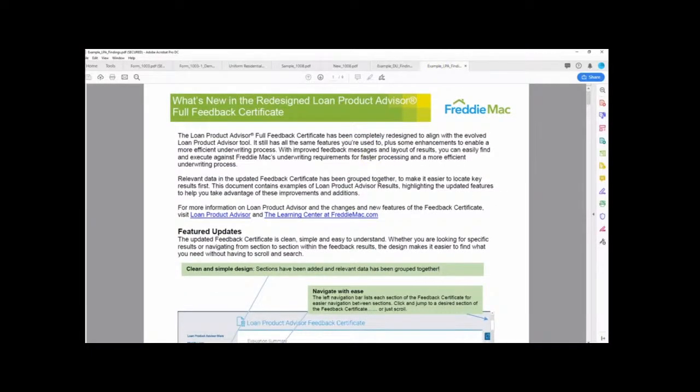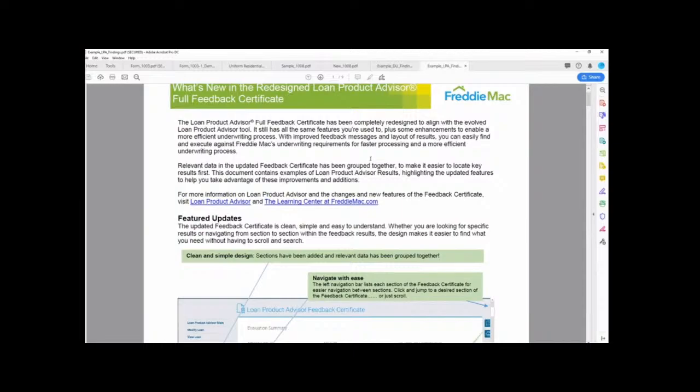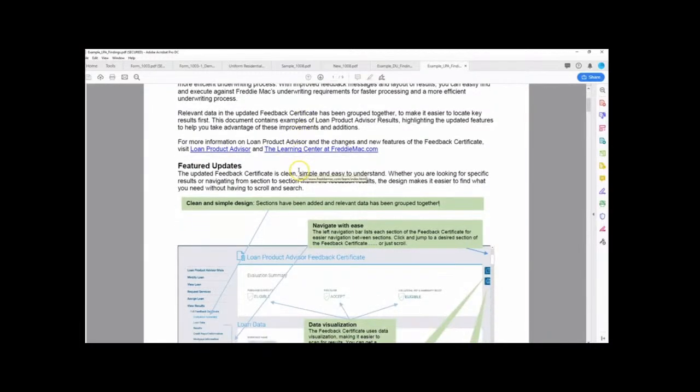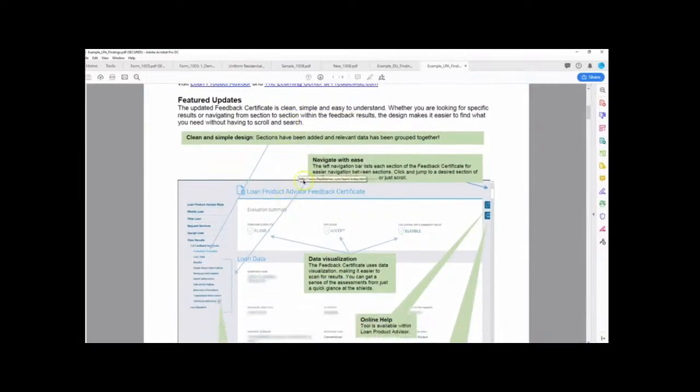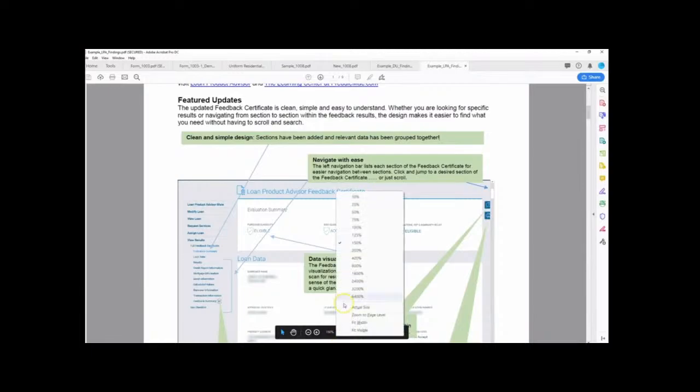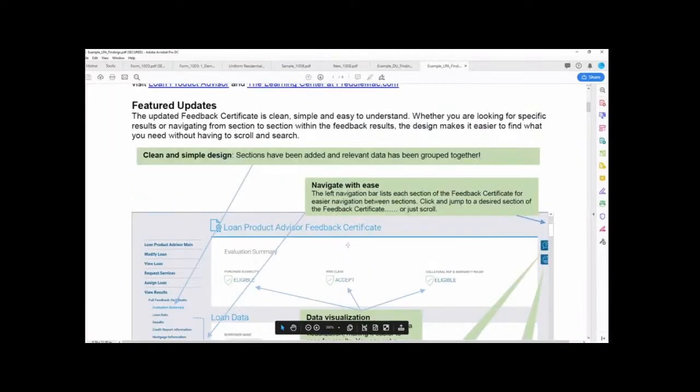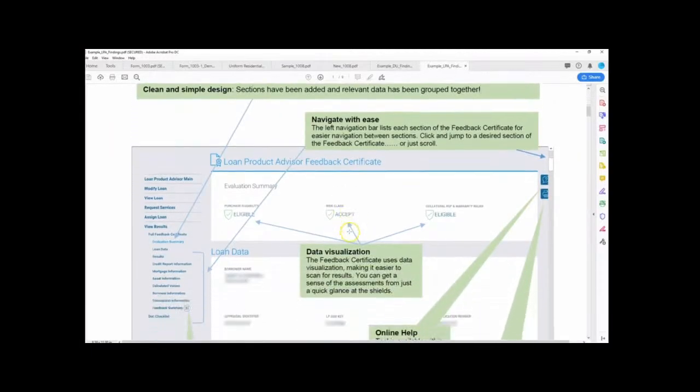All right, the LP, this is an example. Great thing about Freddie Mac, they have directly an example on their site. So if you go to freddiemac.com, you could get this directly, but we are giving you a handout on what the whole LP looks like and what it means. So it has the same similarity. I'm going to try to zoom this a little bit more so you can see it, because it's a little blurry when you're far away.